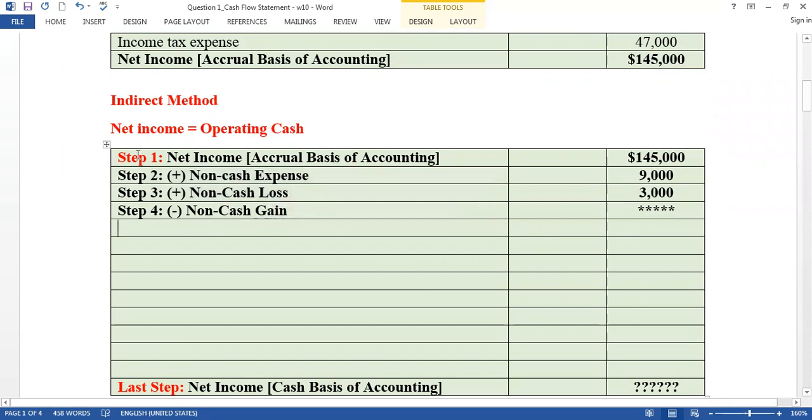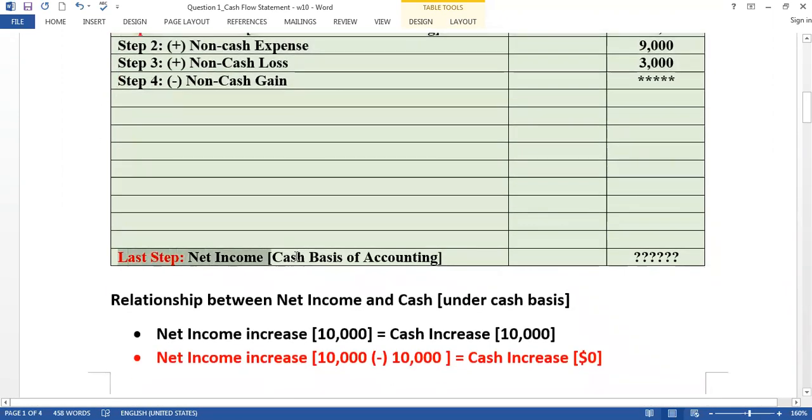So these steps 1, 2, 3, 4 are related to this: don't forget that we have to start with non-cash, accrual basis net income, and we should end with cash basis net income, right?